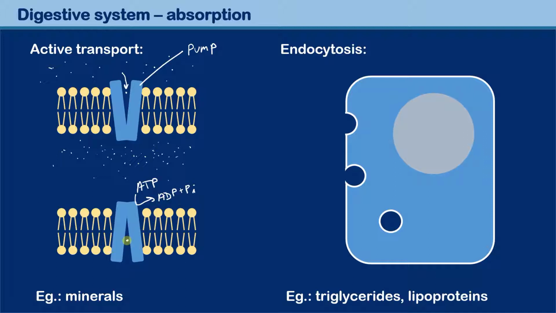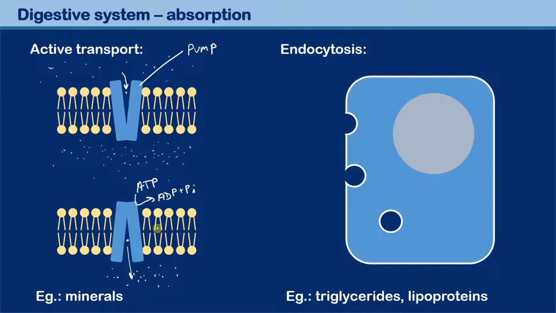And now we have the mineral, which was on the outside first, now on the inside, and here we still have a high concentration of minerals, so we're able to pump the minerals against a concentration gradient, or up a concentration gradient, and as a consequence we will have a higher concentration on the inside than on the outside.